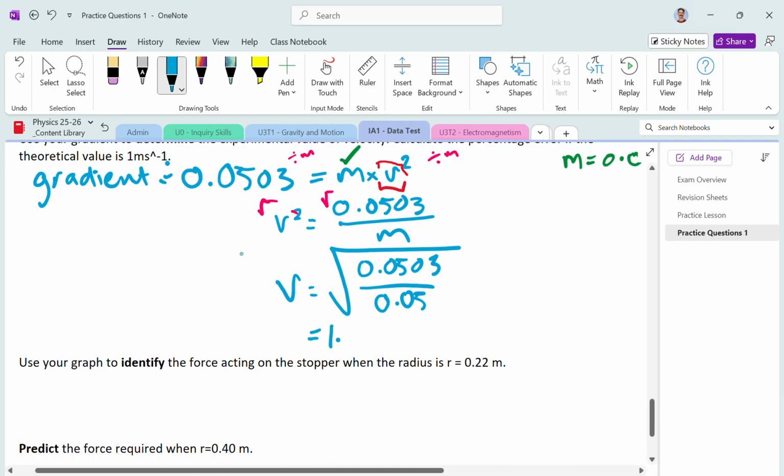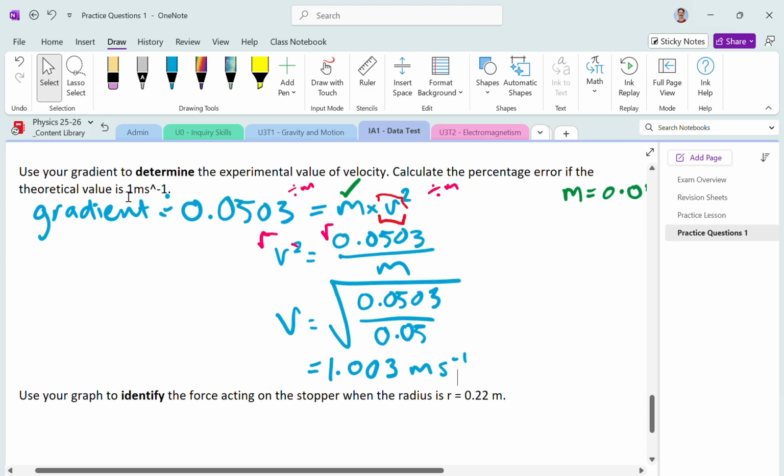Our answer is 1.002, well, I'll round that up, 1.003 meters per second, which is extremely close to, if not an accepted value for 1 meter per second.